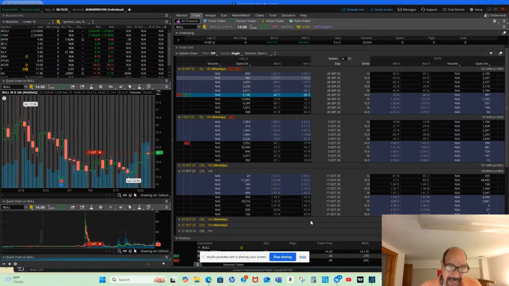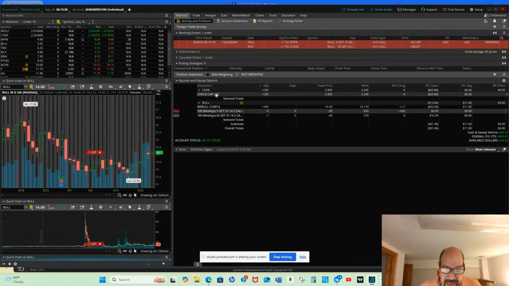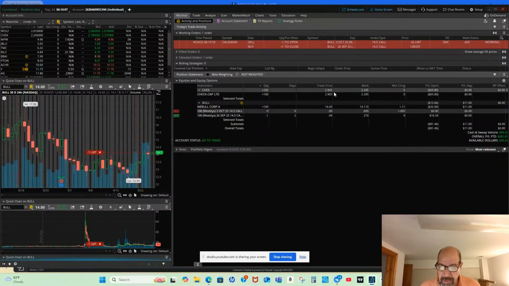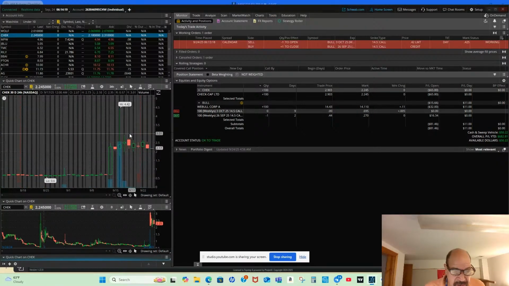Not done, because I actually have another position. These are some shares that I'm holding in hopes they will rise; these don't actually do options. I bought it at 290 a week or couple weeks ago, and it has kind of settled here, consolidating.